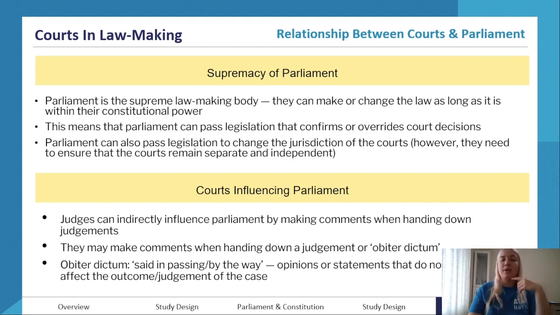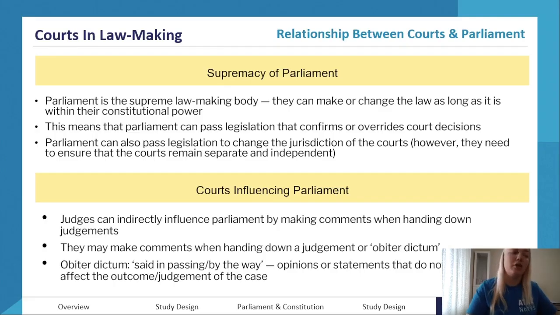Okay, and the next point is about courts influencing Parliament. So we said they have that non-binding part of precedent, which is the obiter dicta comments, the comments made by the judges as part of deciding a case. So these comments can be direct addresses to Parliament. They're the opinions or statements that do not affect the outcome or the judgment of the case because courts are still restricted.